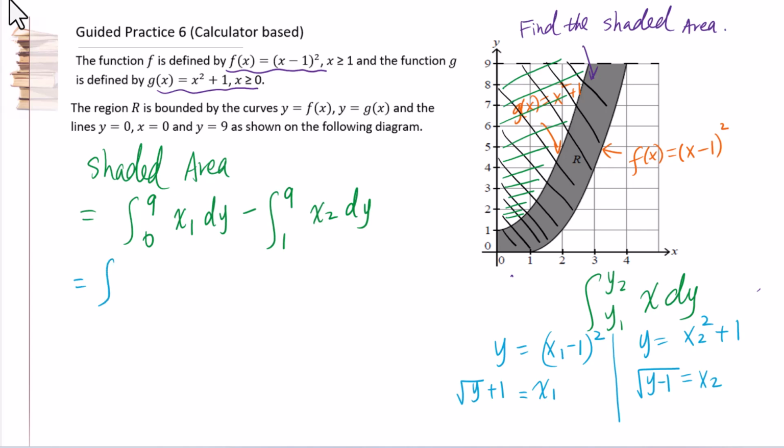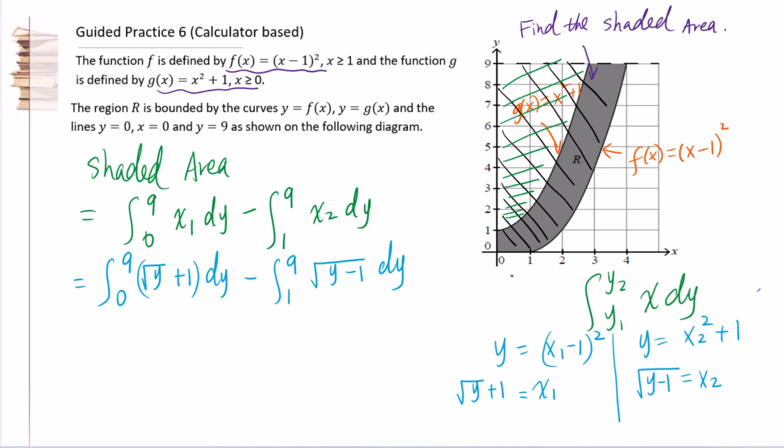The area equals the definite integral from 0 to 9 of (square root of y plus 1) dy minus the definite integral from 1 to 9 of square root of (y minus 1) dy.